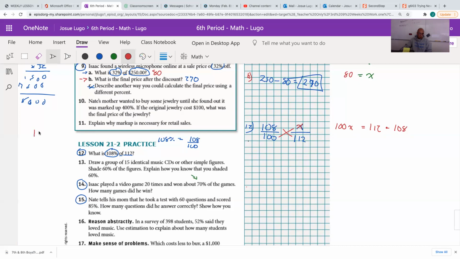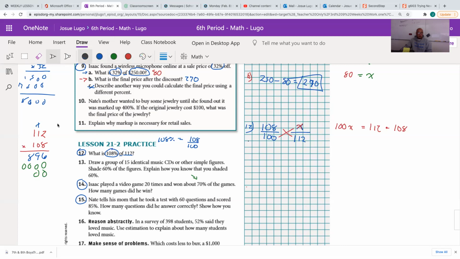So we have 112 times 108. 8 times 2 is 16. 8 times 1 is 8, plus 1 is 9. 8 times 1 is 8. So we're done with this first row. Let's move on to the second one. 0 times 0, 0, 0, 0, right? We're done with the first row and the second row.